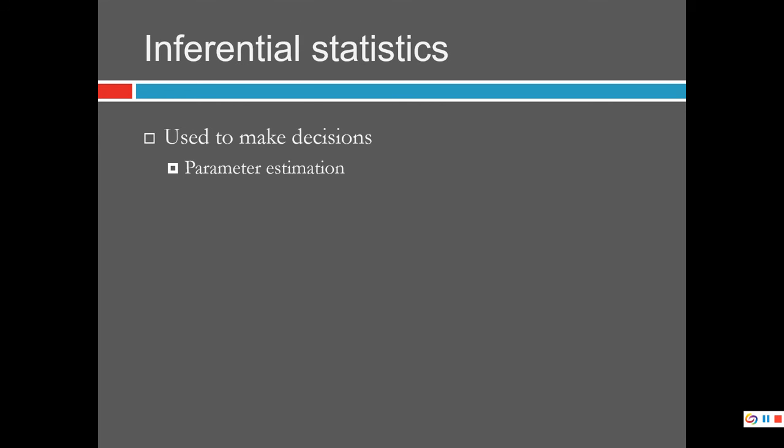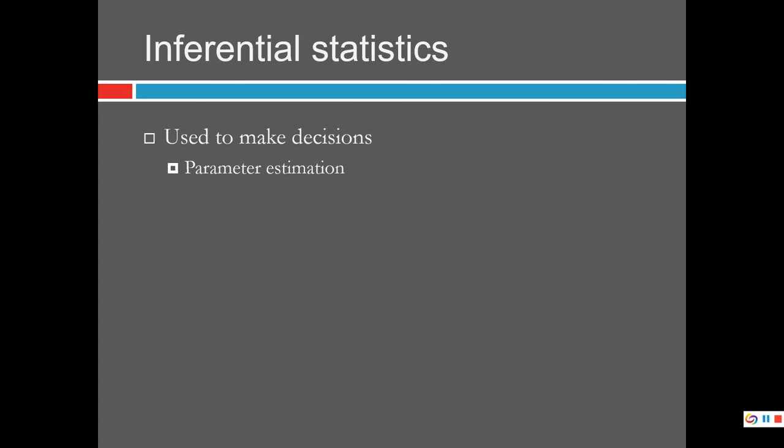So sometimes we might also be interested in just predicting what's going on in a population. If you remember when I talked about statistics initially, I distinguished between a statistic, meaning something about a sample, and a parameter, meaning something about a population. So if you have a big enough sample, you can make an estimate about a parameter from your statistics, and you can make a judgment about how likely it is for that parameter.